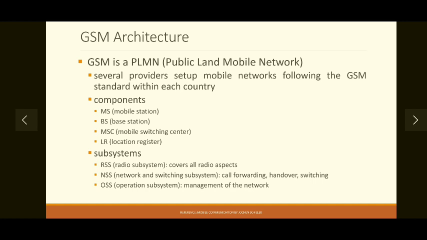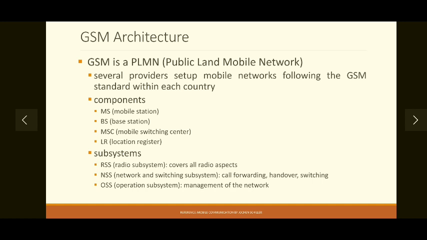Basically this entire architecture is divided into three subsystems according to their functionality. First one is RSS, that is the radio subsystem, which covers all the radio aspects. Radio means wireless signal aspects which are in the radio frequency range.